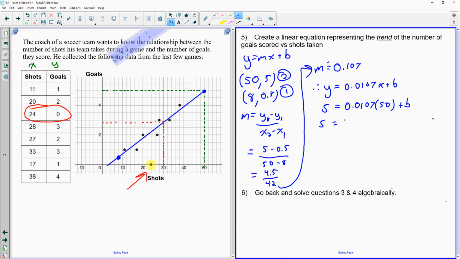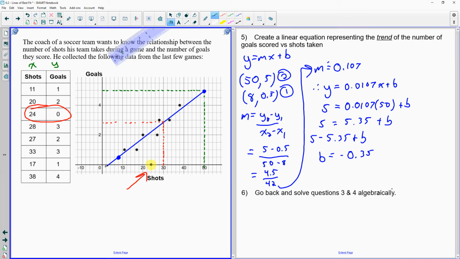So that's going to be 5.35 plus b. Then I'm going to subtract 5.35 from each side. And I get my b value as being negative 0.35. Okay, and if I look down at my graph, that makes sense, right? If I were to continue this graph down, you can see I'm actually down in the negatives.